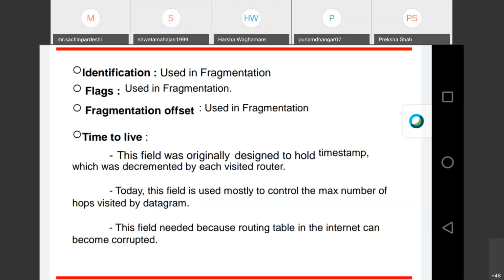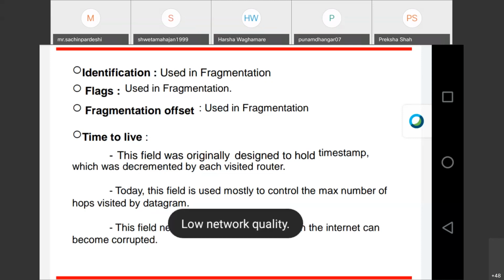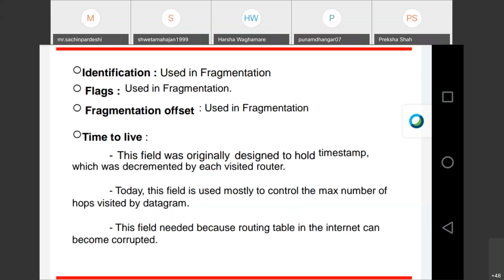The packet has to visit only 4 routers, but to be safe, the source adds 8. So this time to live field is required because routing tables in the internet can be corrupted.